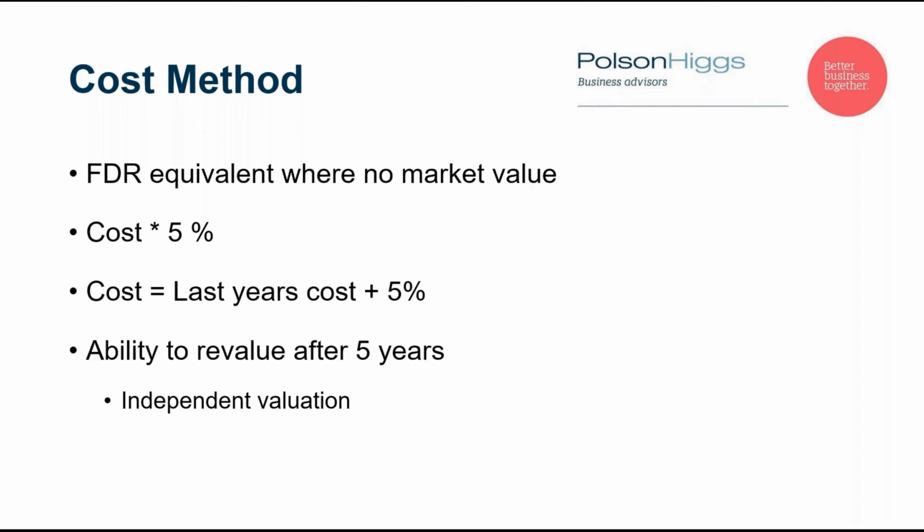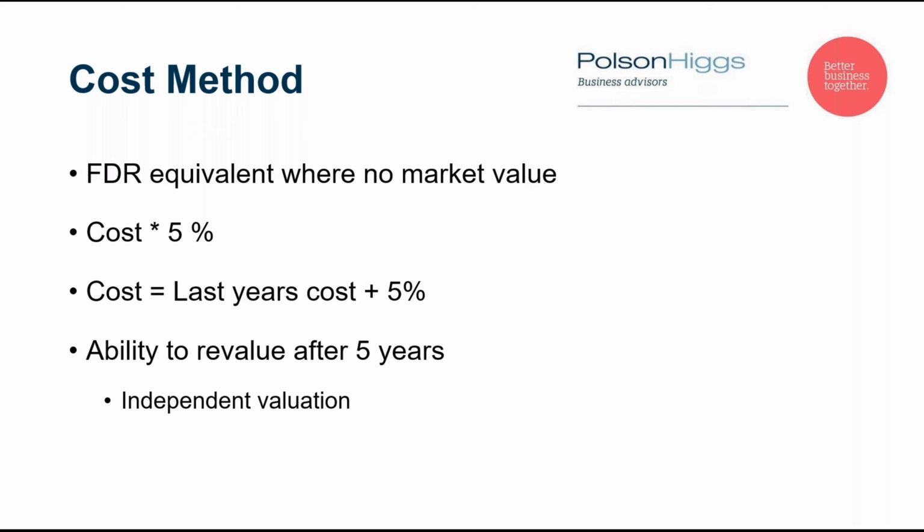So my cost when I purchase the shares is how much I paid for it. The next year, my cost is what I paid for it last year plus 5%. Next year, I increase my cost by 5% again, so it keeps going up. For smaller holdings, not too bad. A 5% increase, not going to be the end of the world. But imagine if I've got quite an expensive share, that number can go through the roof quite quickly.